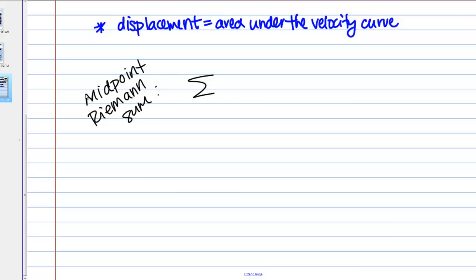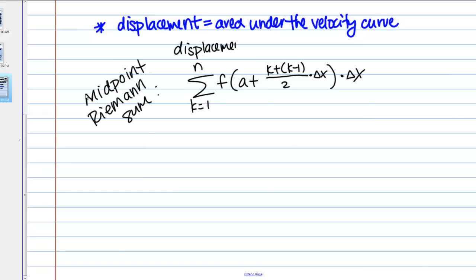The sum from k equals 1 to n of f of a plus k plus k minus 1 over 2 times delta x, and then all that times delta x. Okay, and this is what we've seen before. Now, what we're actually finding in this case is displacement, right? So this is going to give us our displacement approximation.